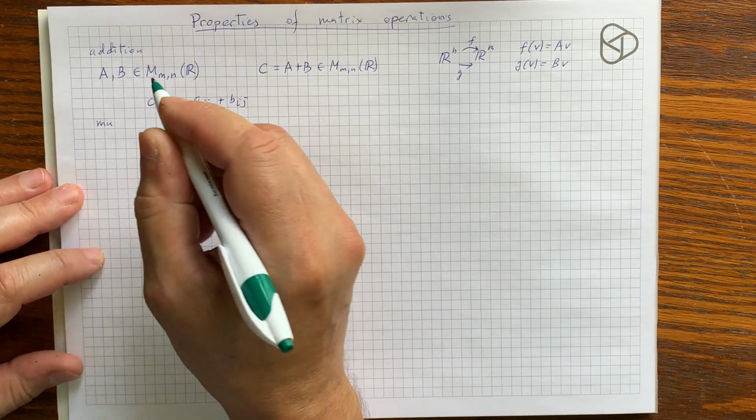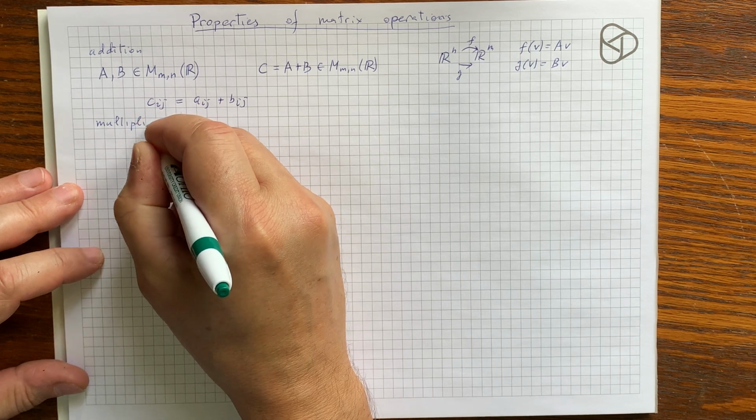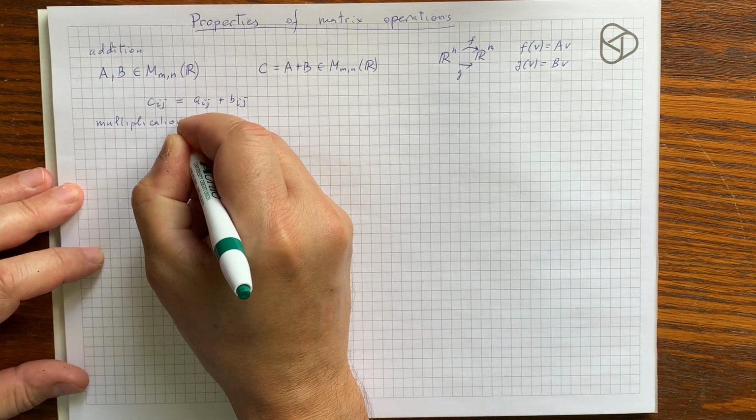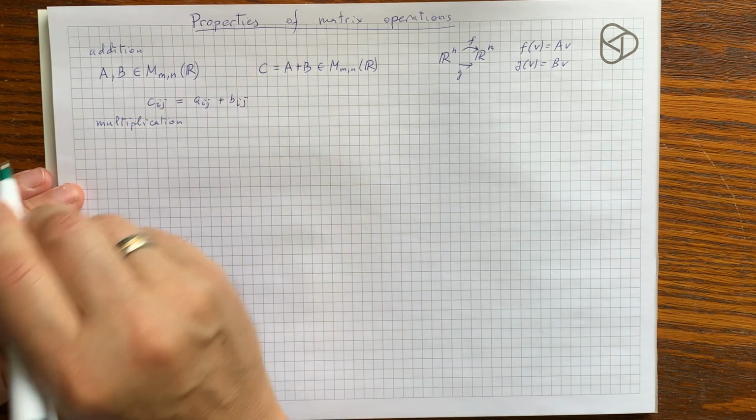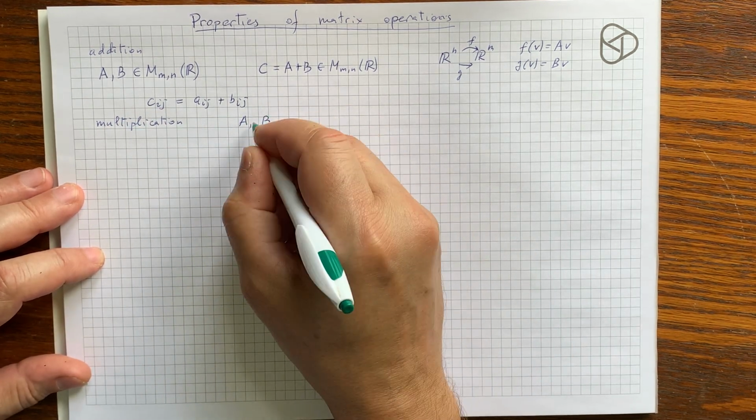More interesting to implement is multiplication. It works again for a pair of matrices.